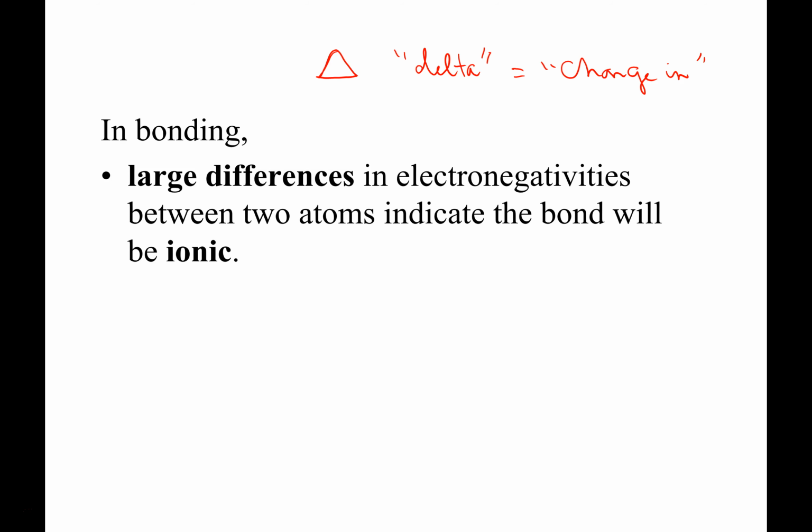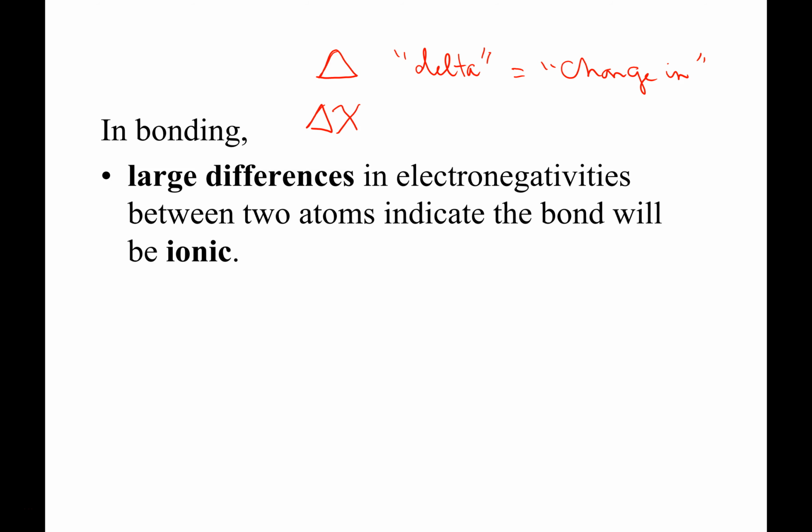So delta means change in. So if you have atom A and atom B bonded together, you might need to evaluate the electronegativity difference between those two atoms. So the change in electronegativity value is called delta chi, electronegativity difference. Change in electronegativity.